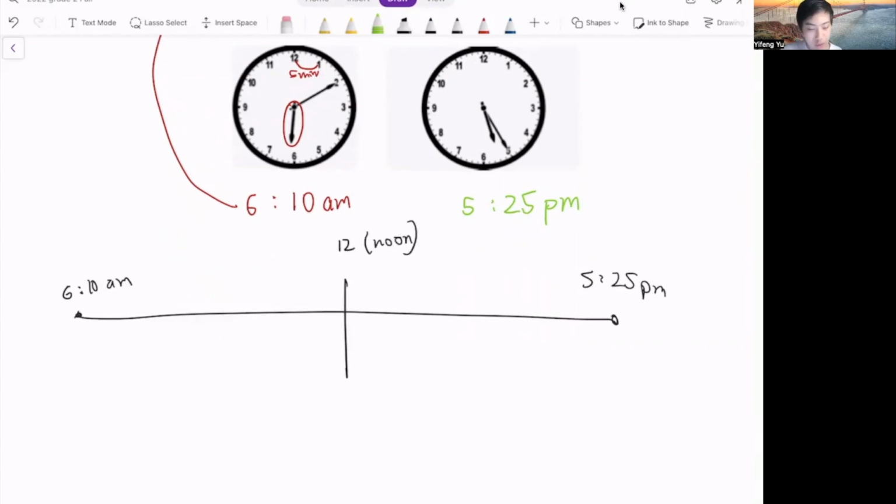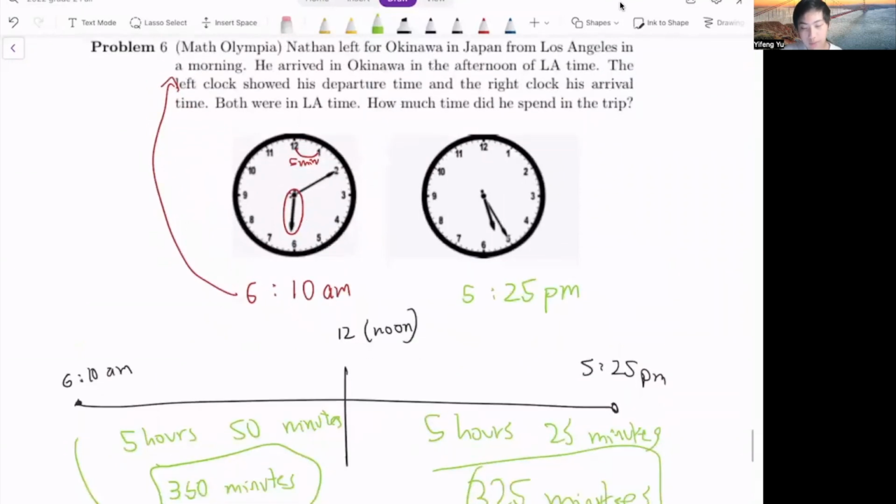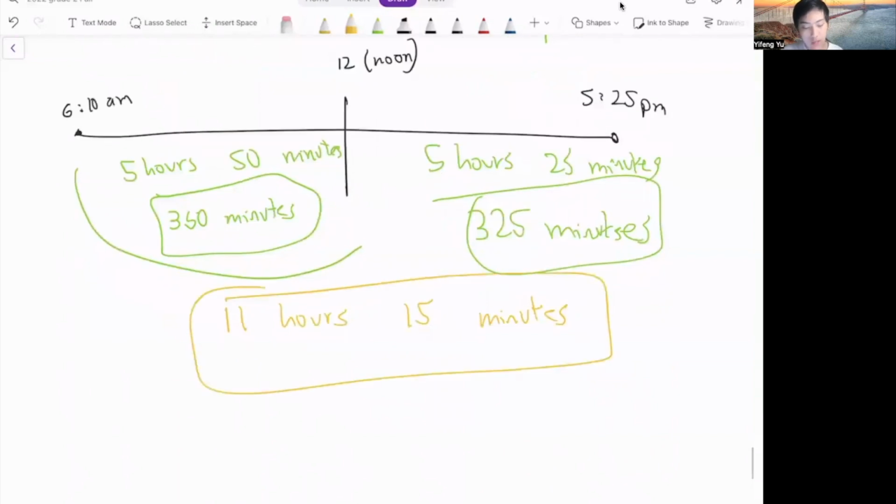From 6:10 a.m. to 12 noon, it's 5 hours and 50 minutes, which basically gives us 350 minutes. And then from 12 to 5:25, that is 5 hours and 25 minutes, which is 325 minutes. So in total, we can write it as 11 hours and 15 minutes. That is the total time that he spent on his trip.